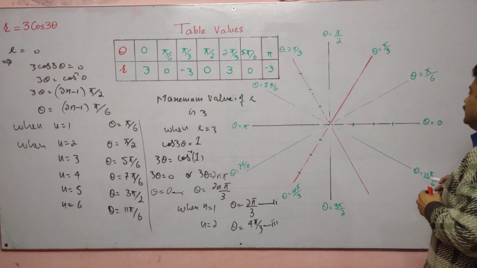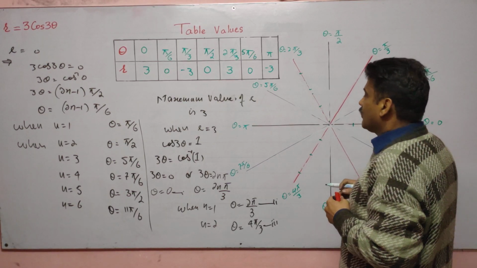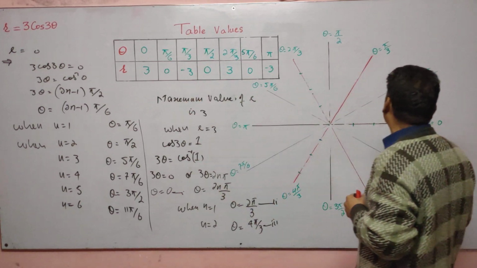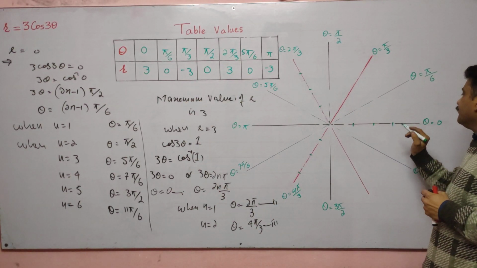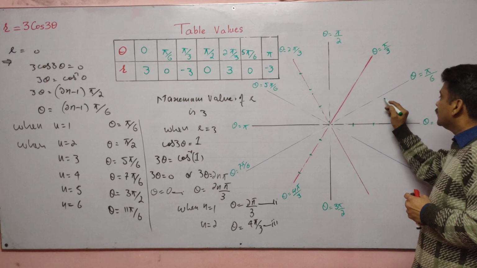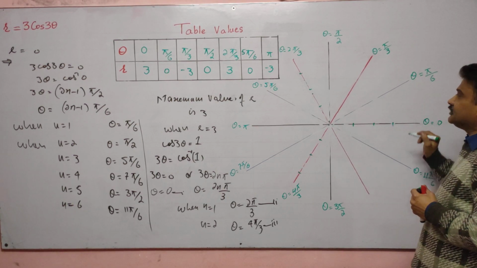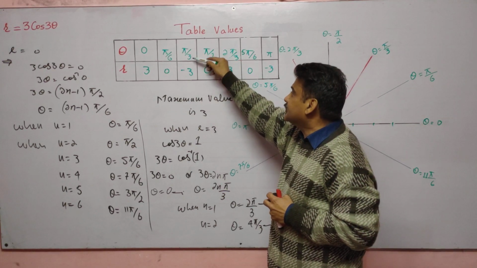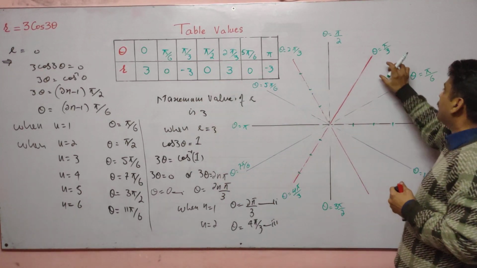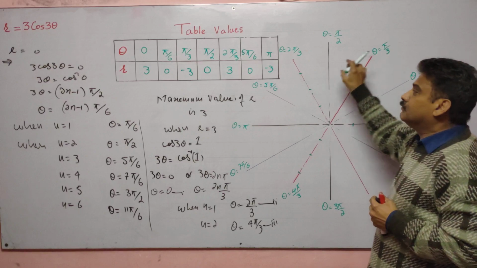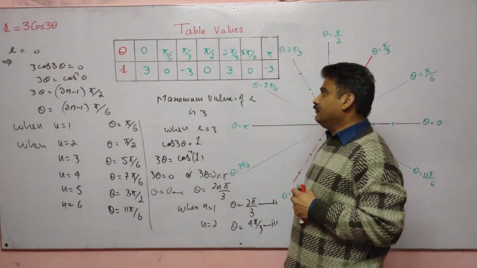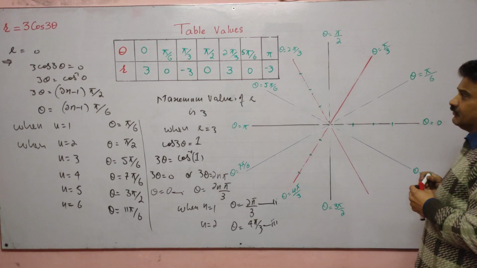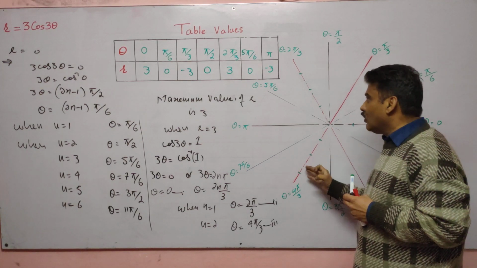Second, for the second line, theta is pi by 6. You see, when theta is pi by 6, the value of r is 0. And when theta is equal to pi by 3, the value of r is minus 3. Very important point here. When the value of r is negative, where should we take the negative value of r?